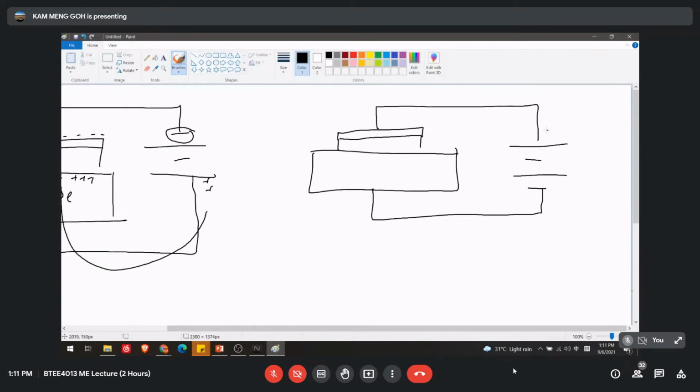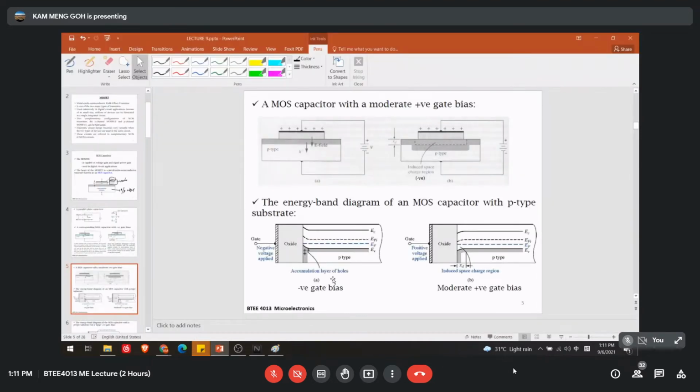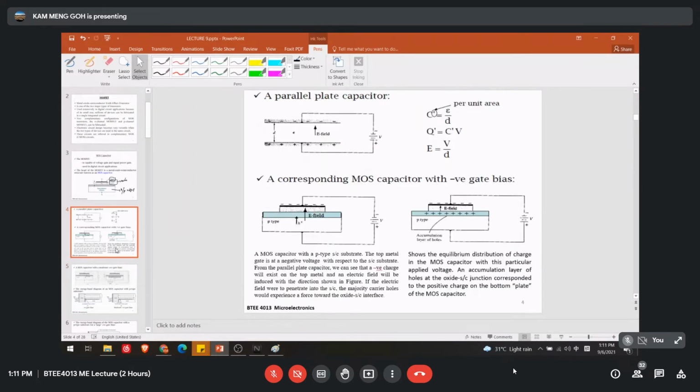Originally, all the positive charge was coming to here. And then if you have a positive charge inside here, it will forcefully induce the region.